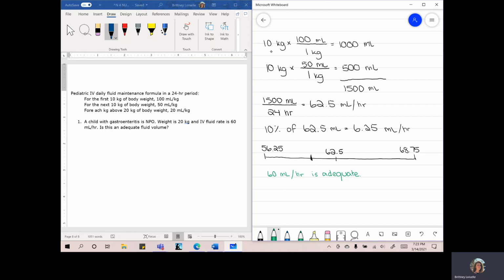Just make sure you do the body weight for the first 10 kilograms, the next 10 kilograms, and then any kilogram above that. You follow this formula, add all of them together like we did here. We added these together to get this number here. And then remember that this fluid maintenance is within a 24-hour period, so you have to follow this next step, okay? And you also should remember that 10% rule.